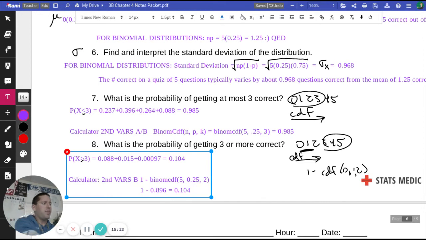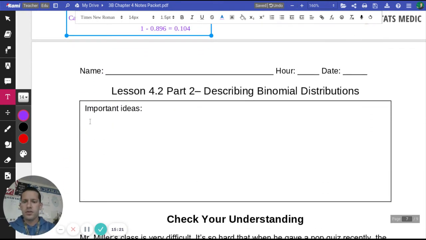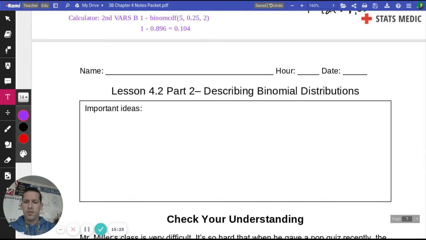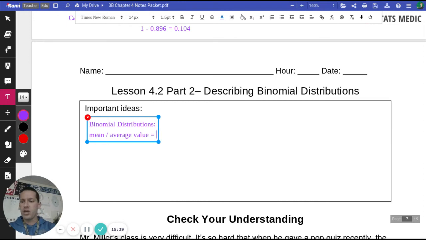So let's wrap this up on the next page with a little bit of notes and some hints. Our notes here are going to start with binomial distributions. I don't know where my key is here. Binomial distributions. We have a mean or average value, and that will be mu.